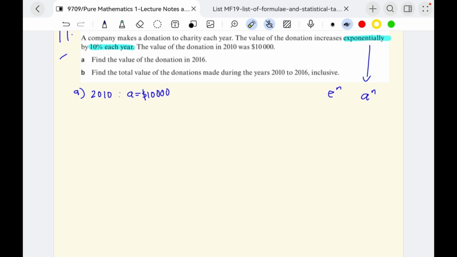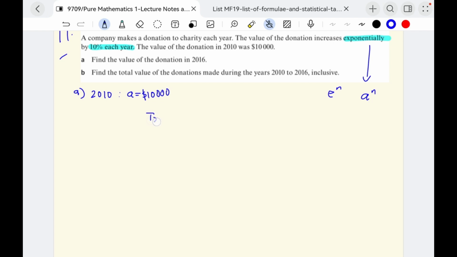Because there's a 10% increase each year, the second year, 2011, we represent as T2, with the first term times the ratio.